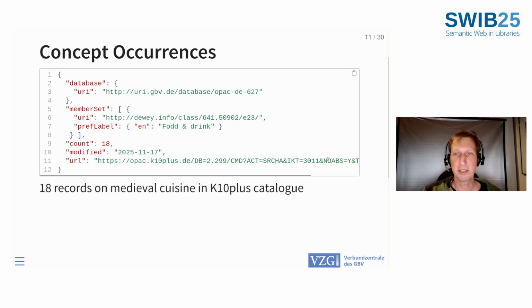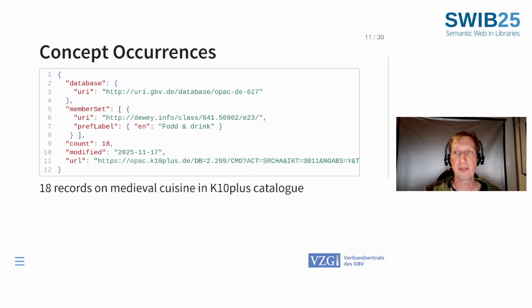And there's a link directly into the catalog. So if you follow this link, you get 18 records about medieval cuisine in this library catalog, and the information about the number of records and the link into the catalog, and the concepts from terminologies can also be encoded in JSKOS format.